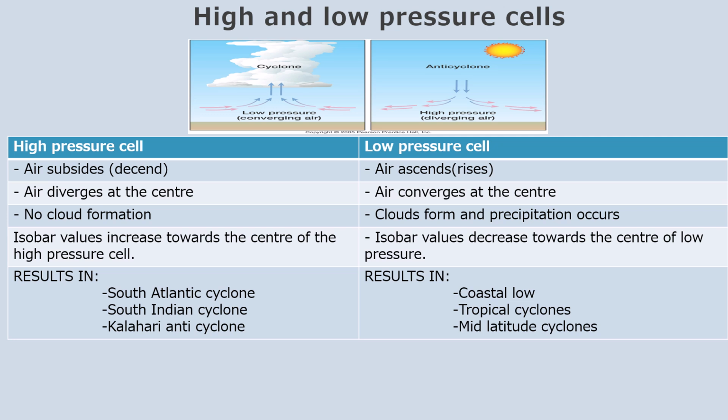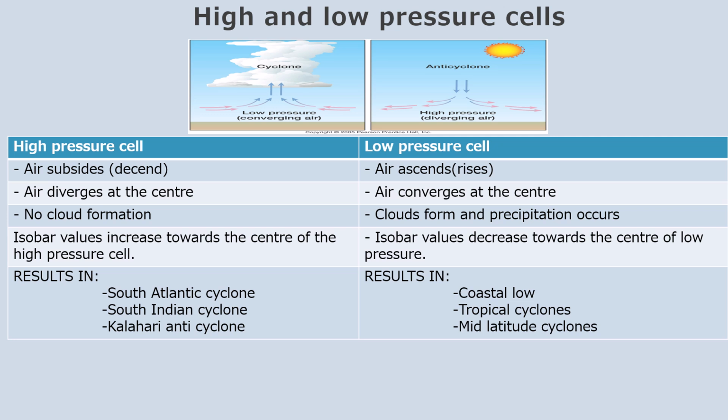Under the high pressure cell, the isobar value increases towards the center of the high pressure cell, which means the pressure increases towards the center, while the center is at the lower point. And high up in the sky, the pressure is low.